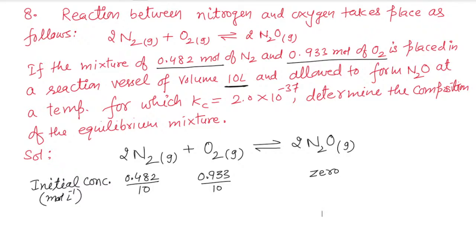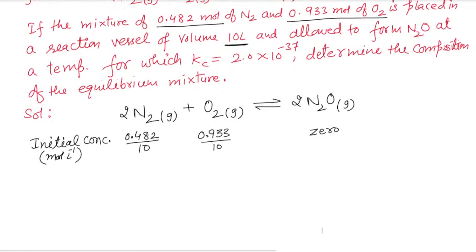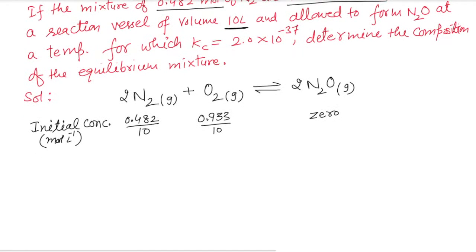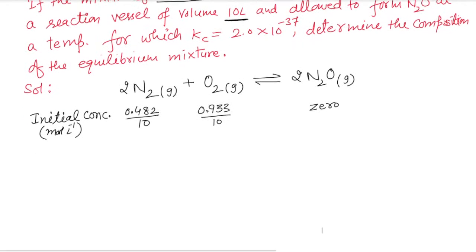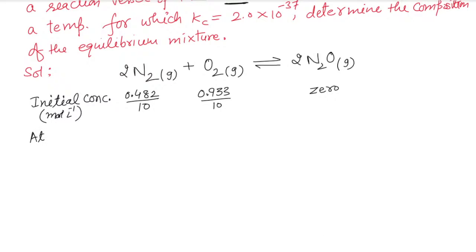What we have initially? We have only two things, that is N2 and O2 gas, and their moles are 0.482 and 0.933 O2. Okay, got it? Now at equilibrium, what is equilibrium?